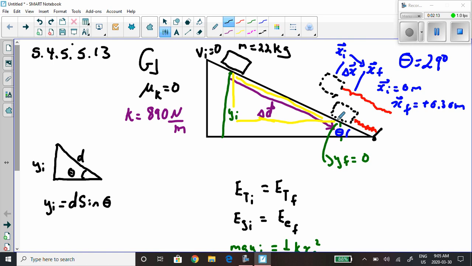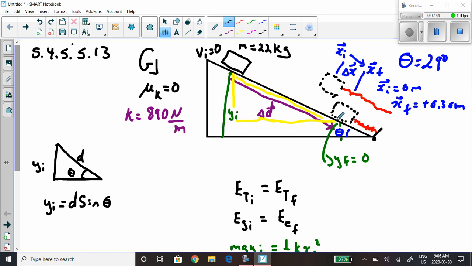Now you could use this larger triangle to try to figure this out, but to make life really simple, let's imagine this yellow triangle here. See that yellow triangle I've drawn there? It's not really part of the ramp, but let's imagine it there. The tip of the yellow triangle is where it starts, and right here is where it stops.